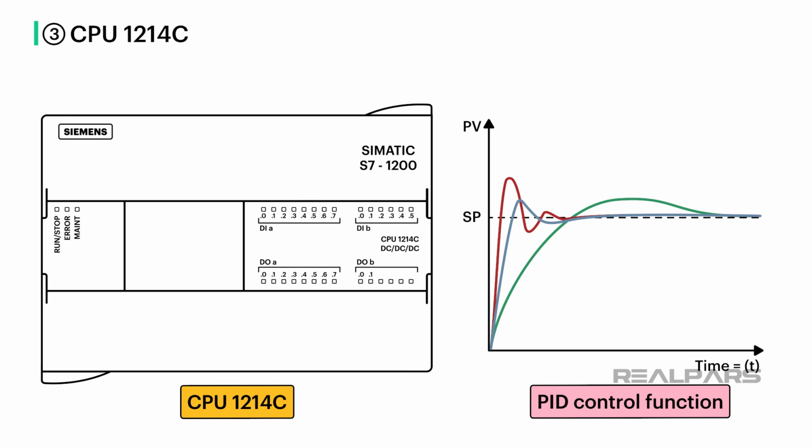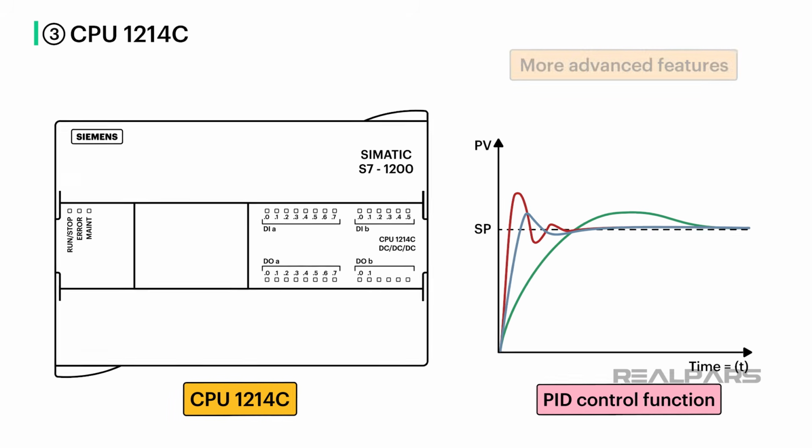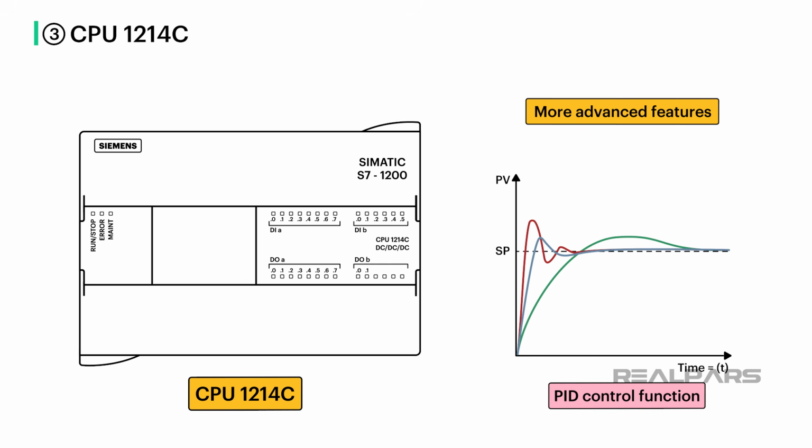However, the 1214 can take it a step further with more advanced features for PID control and additional capabilities for managing larger and more complex automation systems. Additionally, the fancier models of the S7-1200 PLC series can do even more PID control functions.